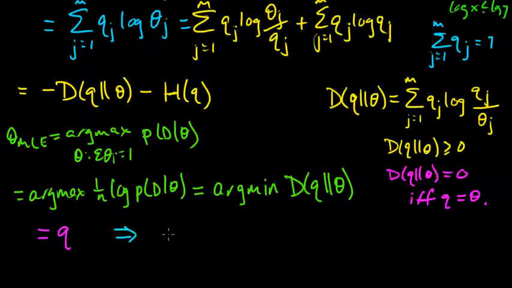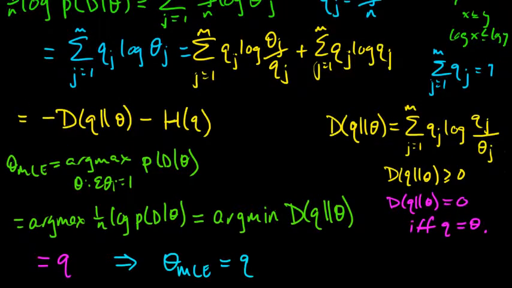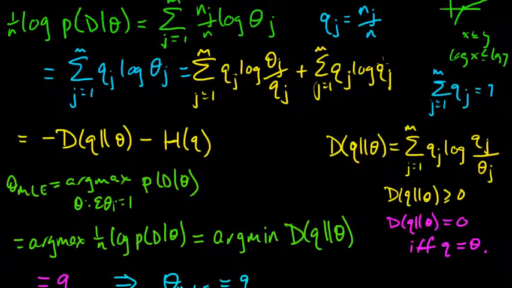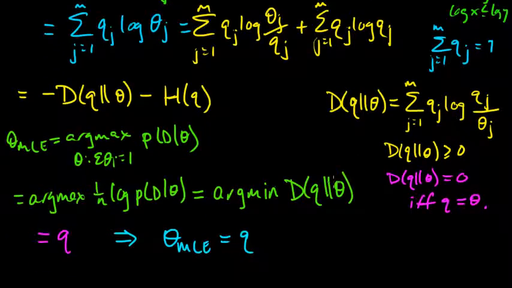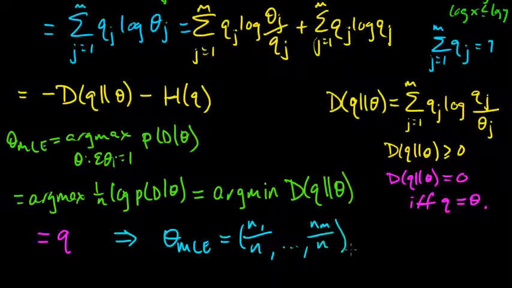So that means theta MLE, that thing, is q, and q is, well, let's just write out what it is. Q is this thing. It's the nj's divided by n. So this is n1 over n, n2 over n, etc., up to nm over n.